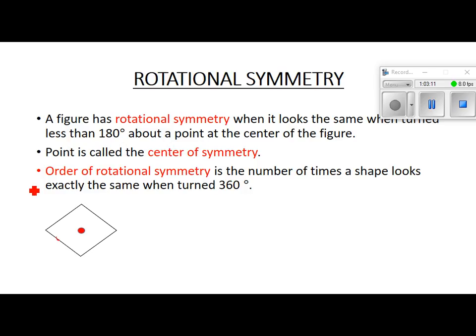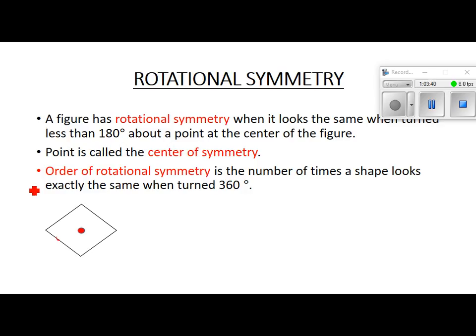If I take this picture and I stick a pin in it right in the center where it can't move, rotational symmetry is rotating it around that center point. And when you're finding order of rotational symmetry, what you're doing is figuring out how many times it looks exactly the same as you turn it around one whole turn, or 360 degrees.